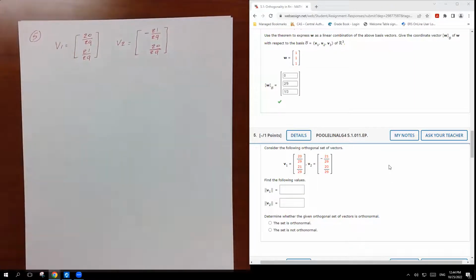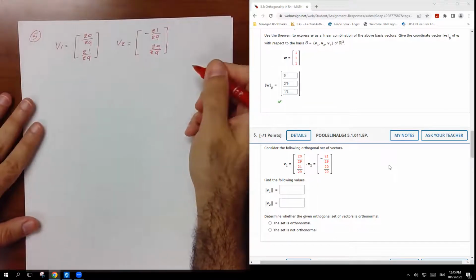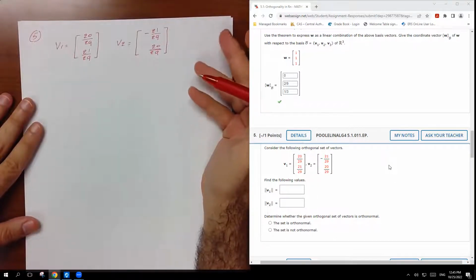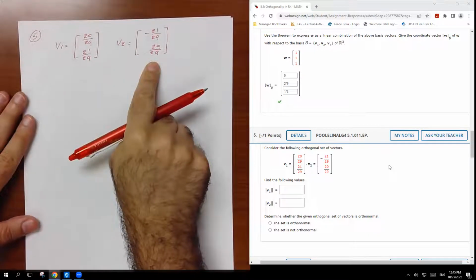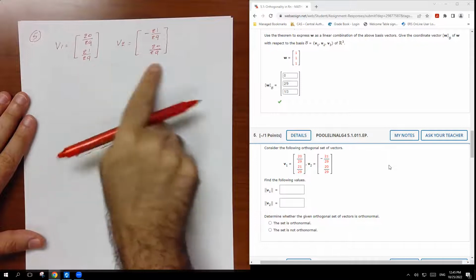Before we check that, the set is orthonormal if it's orthogonal and the length of each vector equals 1. First of all, we have to check if this is orthogonal.